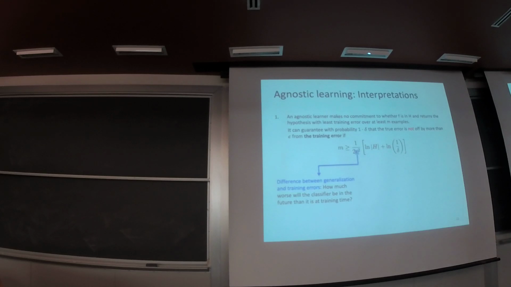So here, let me emphasize again, epsilon is not the absolute level for the true error. It just indicates the difference between the generalization error and the training error. Basically it says how much worse the classifier will perform in future than it did in training.